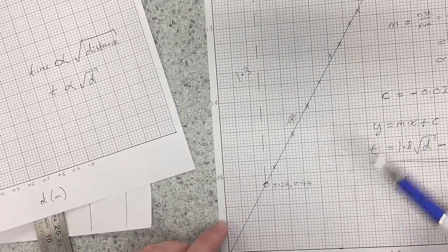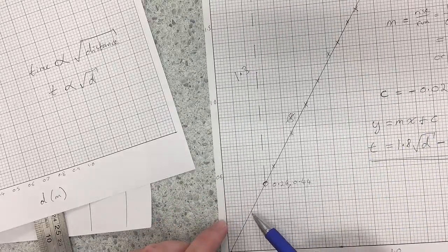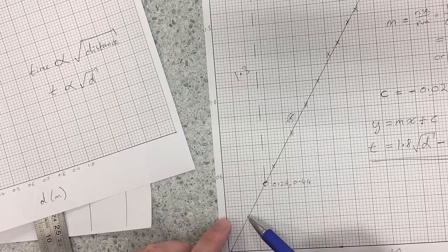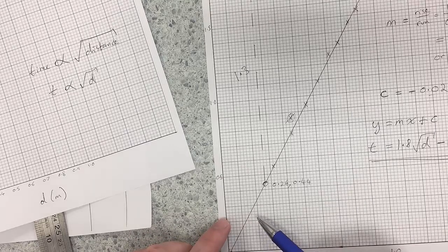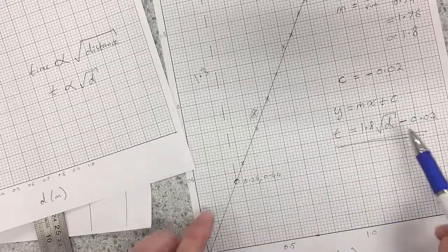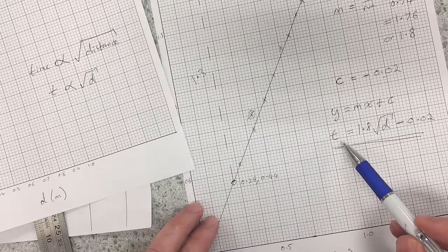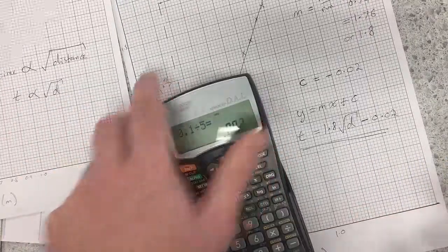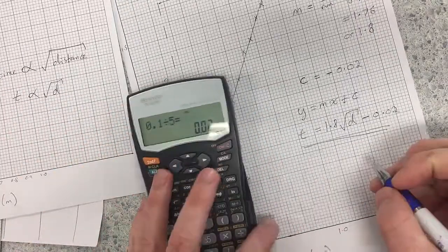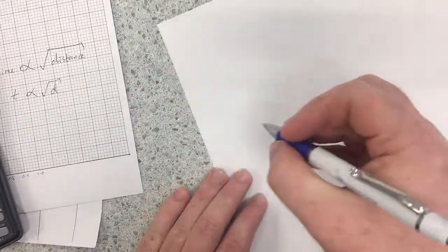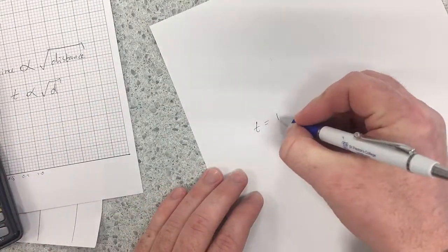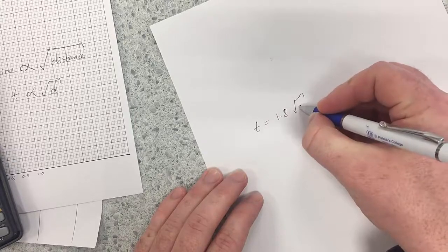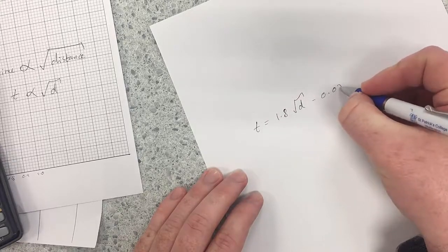So if we used our equation to predict what the time would be for maybe 0.05 meters, so 5 centimeters, then using this formula we can work out what the time is. I might just do that now because it's quite an interesting little exercise. So, right, I might get it on the back here so it's easier for you to see. So our formula was t equals 1.8 square root d minus 0.02.